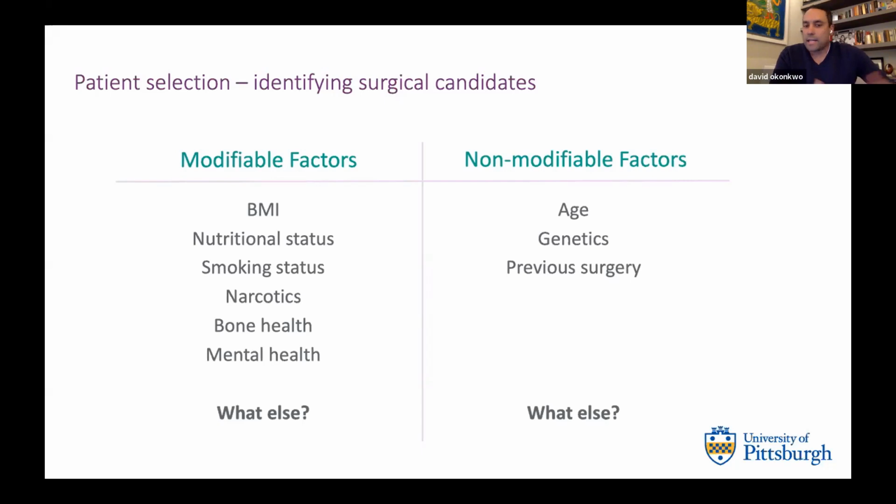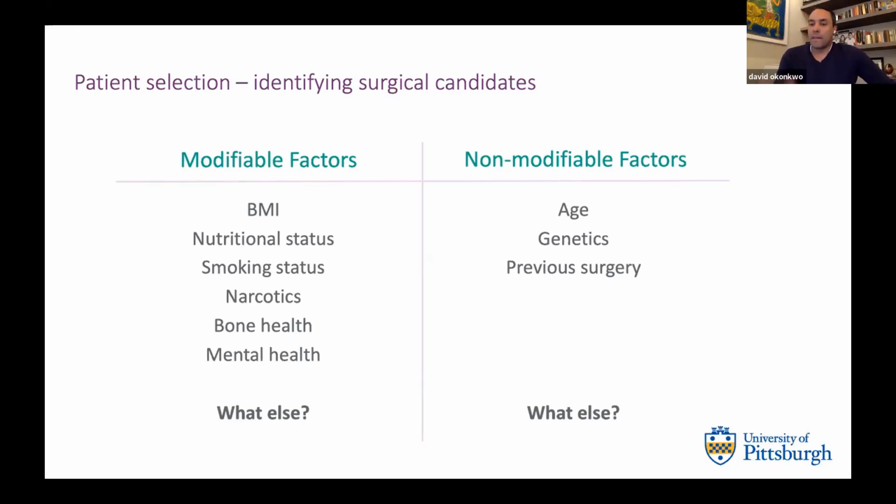And I have a practice that's busier than I need it to be, and probably busier than I want it to be at this point. So for me, it's really a focus on making sure that each of the patients that actually end up in the operating room are in a position to have the maximal success and outcome. And so for me, I have a BMI cutoff of 32.